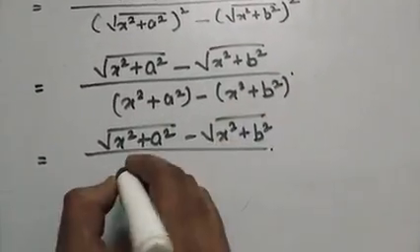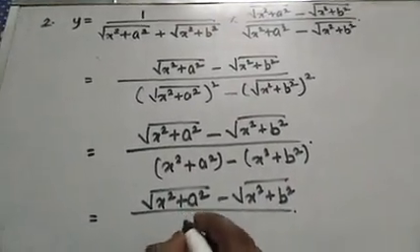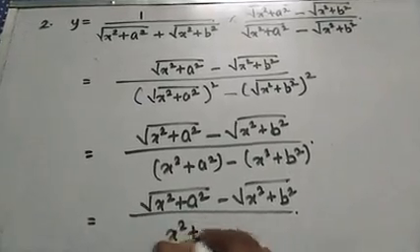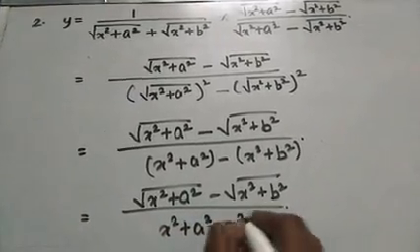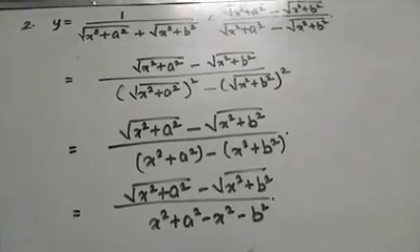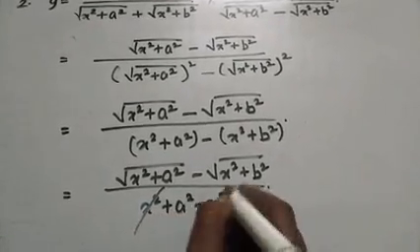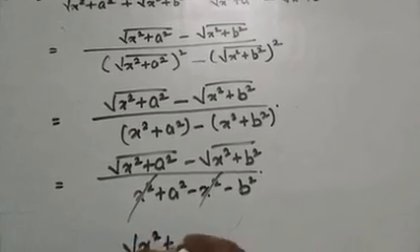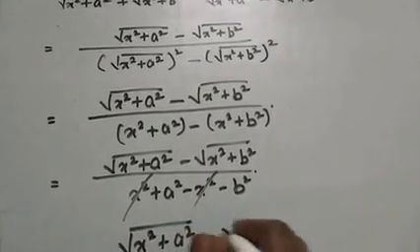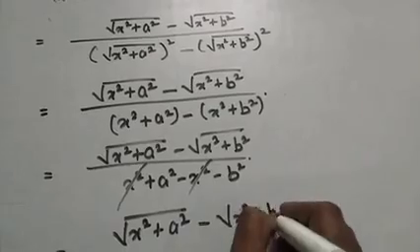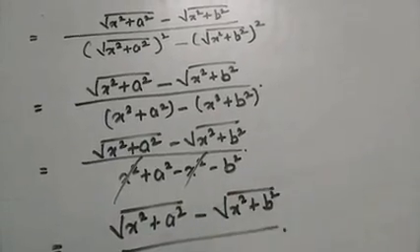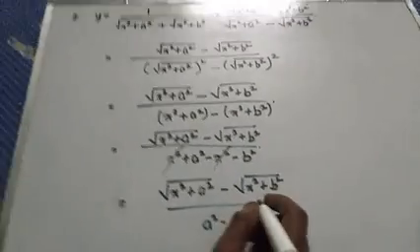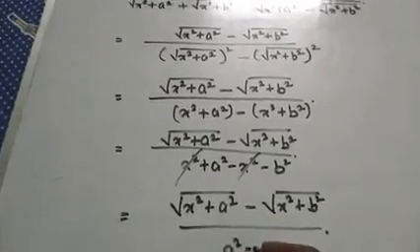Now just opening the brackets, we can see that the x square term is going to cancel out. So finally it remains a square minus b square.